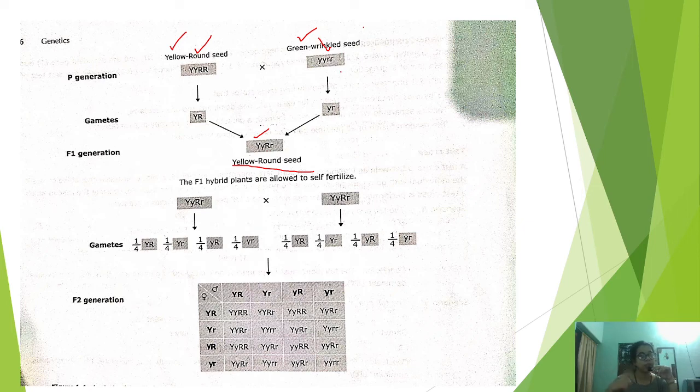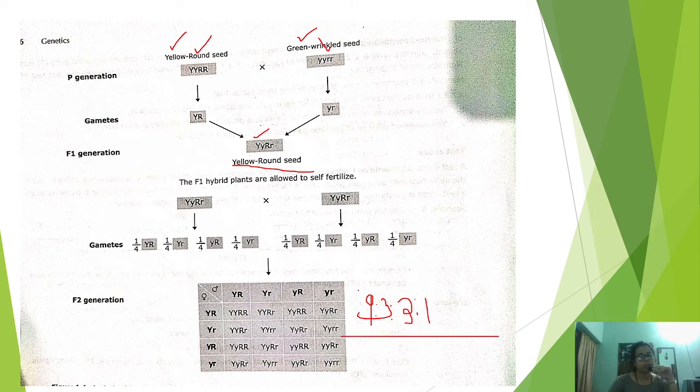As I have shown you in the previous video, the chart I made, if you remember it, this will be very clear. Then in the F1 generation these gametes were formed. Then in the F2 generation he got the ratio 9:3:3:1.